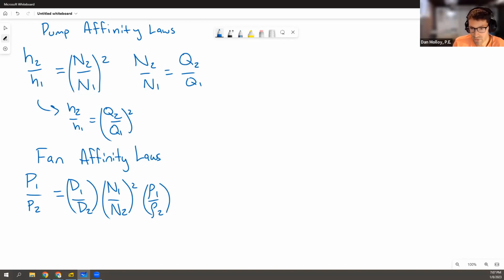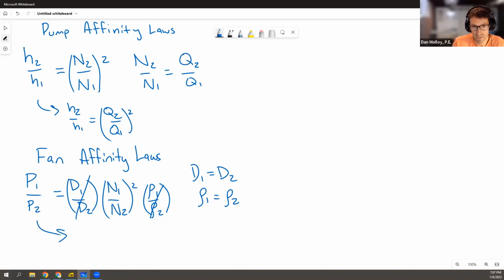So if we make the assumption that the diameter isn't changing, D1 equals D2, then this ratio equals 1. And if the density, rho 1 equals rho 2, then this ratio equals 1. And now by the same exact reasoning as before, the speed is linearly related to the volume flow rate. We can make a substitution.